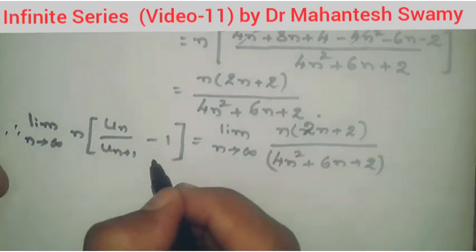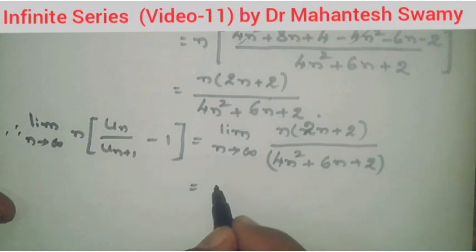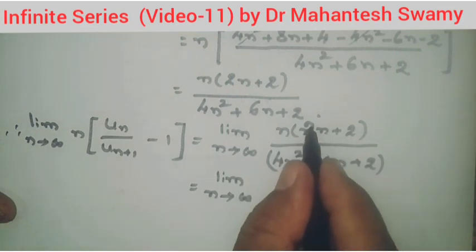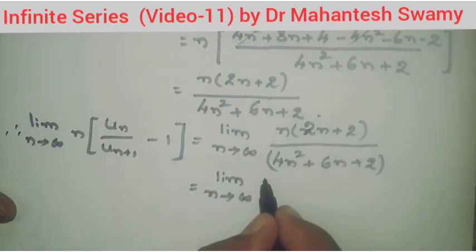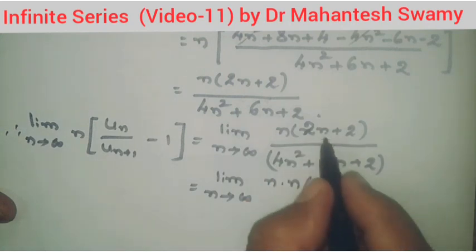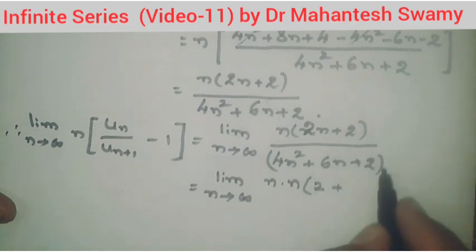Now for the sake of our convenience, as per the way of the evaluation of the limits, it is advised to take n common here in the numerator. n is already there. If I take n outside, one more n comes. When I take n outside, here it is 2 remaining, plus here it is 2 by n remaining.